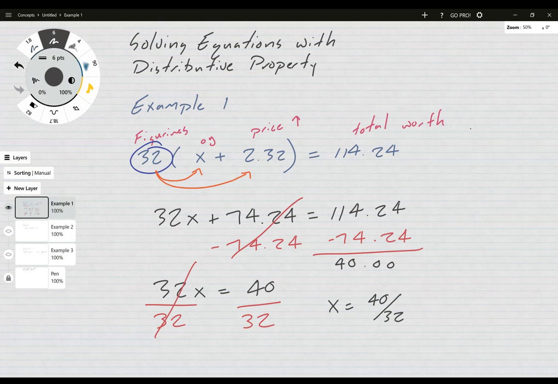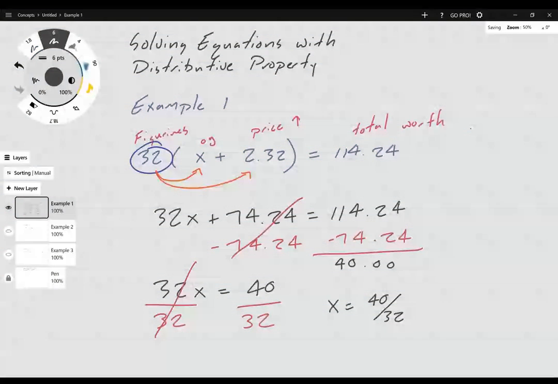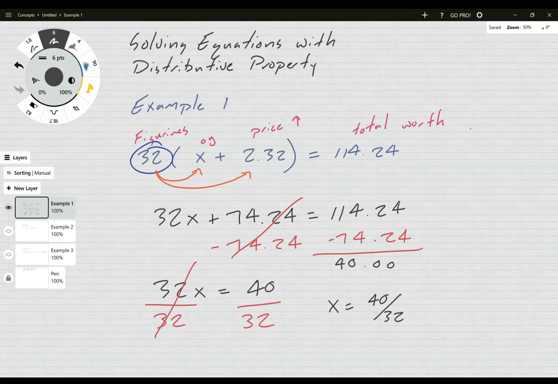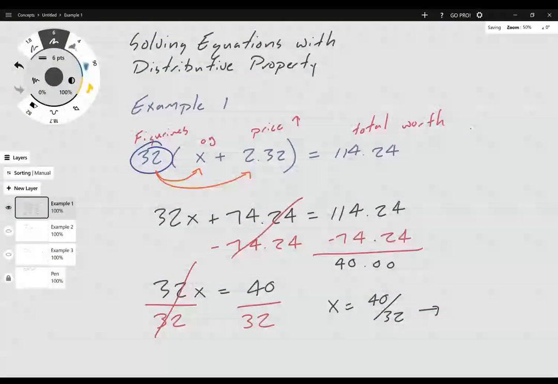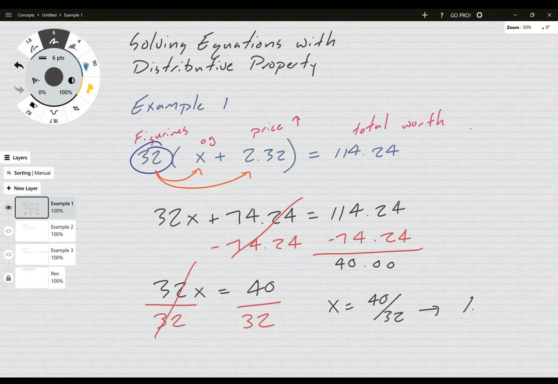But that's an improper fraction, so I want to make sure I put my improper fraction as a decimal. So I'm just going to do 40 divided by 32 because a fraction is division. So 40 divided by 32 equals 1.25. And that is x. We just solved for our original amount. So the original amount of each figurine was $1.25.